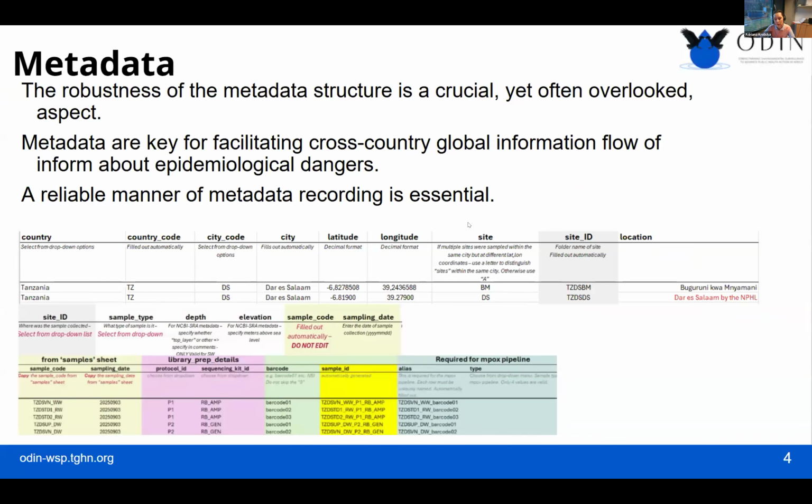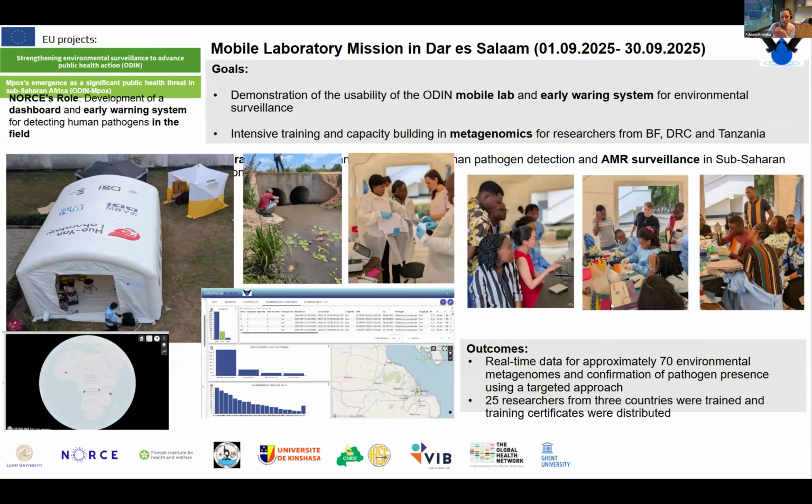The immediate analysis and visualization of the results were the most inspiring aspect, suggesting that the ODIN platform could be a vital tool for public health stakeholders. The platform was on the previous slide. If you could come back. Yes, this is an example screenshot from the platform that we have developed in the Barite consortium.